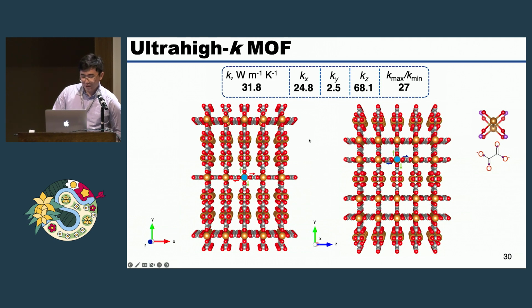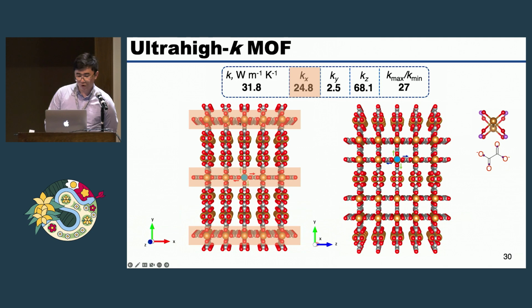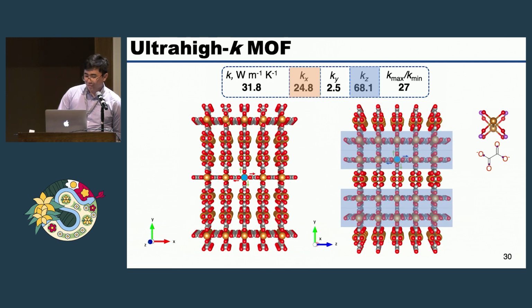It has overall thermal conductivity higher than 30, and in the X direction, the thermal conductivity is mainly contributed by strongly bonded covalent interactions that are highly aligned and parallel to the X direction. Similarly in the Z direction, it's mainly contributed by covalent interactions that are parallel to the Z direction.